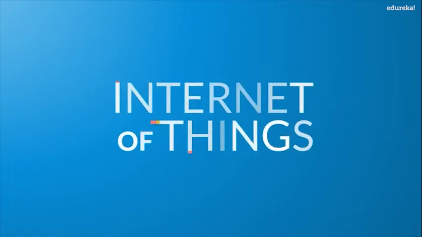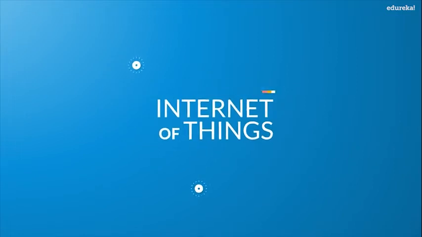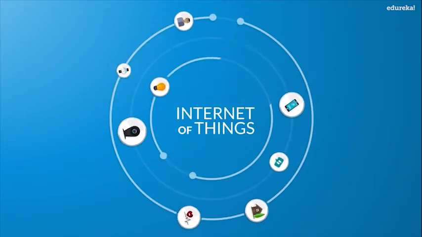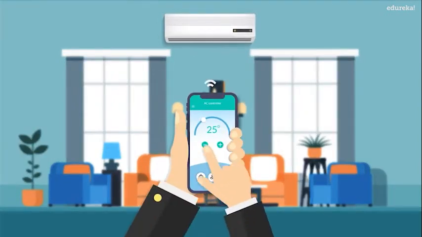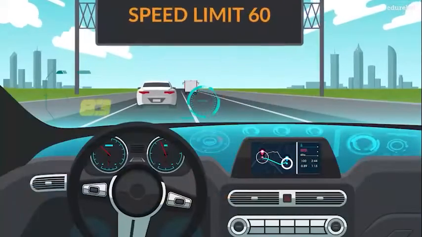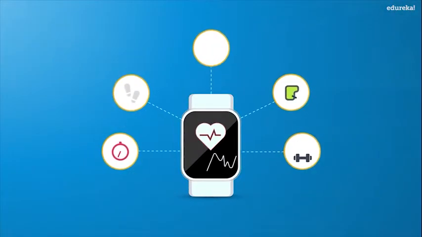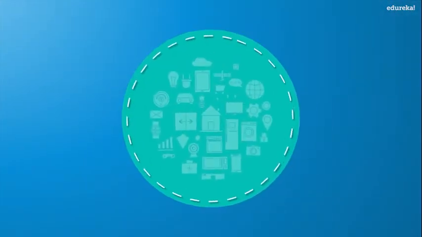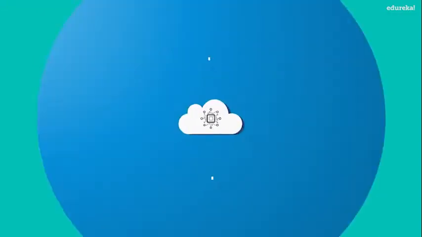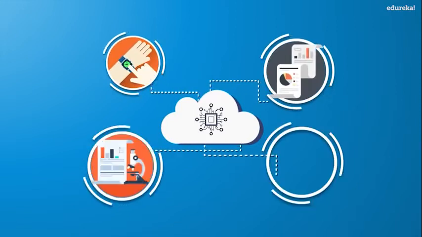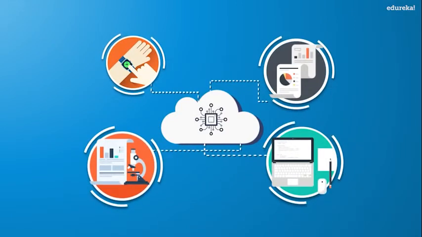The Internet of Things, or IoT, is influencing our lifestyle from the way we react to the way we behave. From air conditioners that you can control with your smartphone, to smart cars providing the shortest route, or your smartwatch which is tracking your daily activities. IoT is a giant network of connected devices. These devices gather and share data about how they are used and the environment in which they are operated.